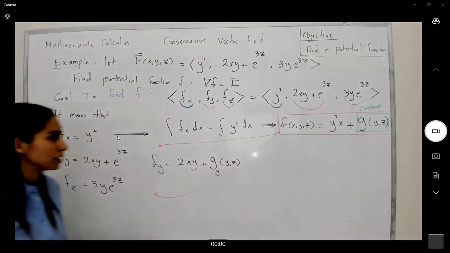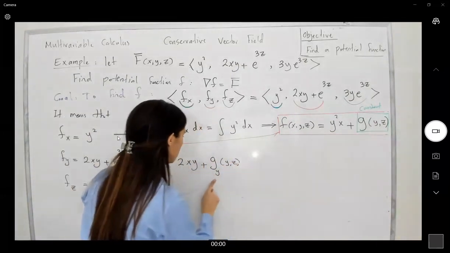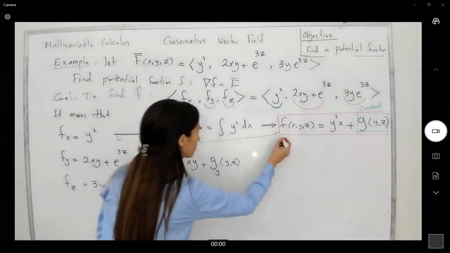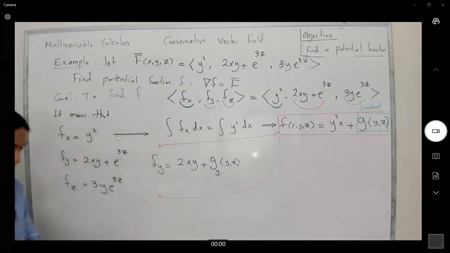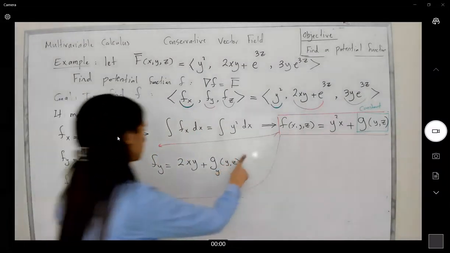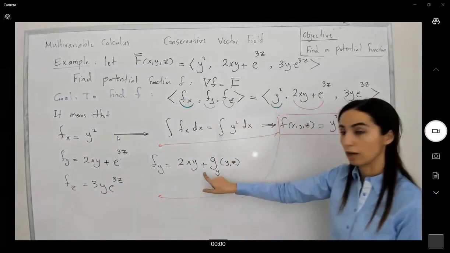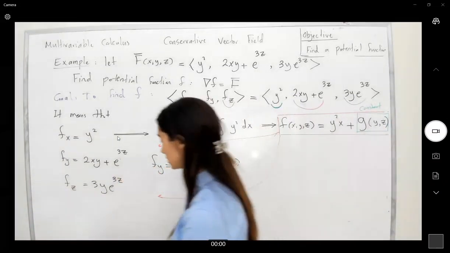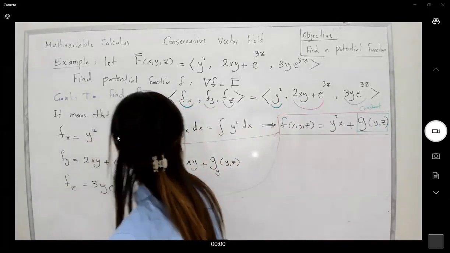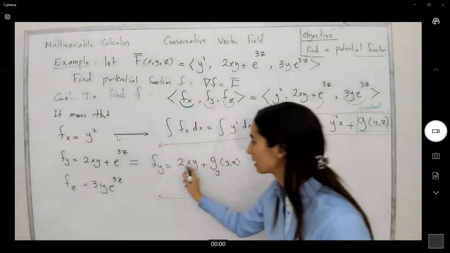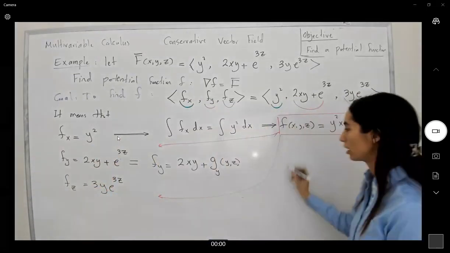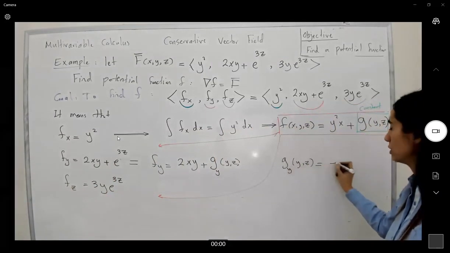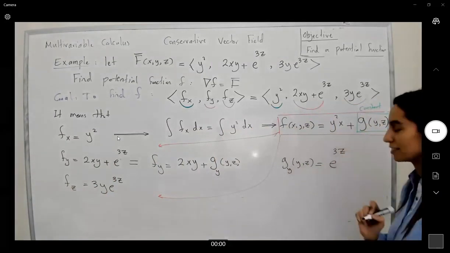So what does it tell me? This equality tells me 2xy plus the derivative of g with respect to y is equal to 2xy plus e to 3z. What's the meaning of that? It means that I can cancel out 2xy and 2xy, and g sub y of y and z is equal to e to 3z.